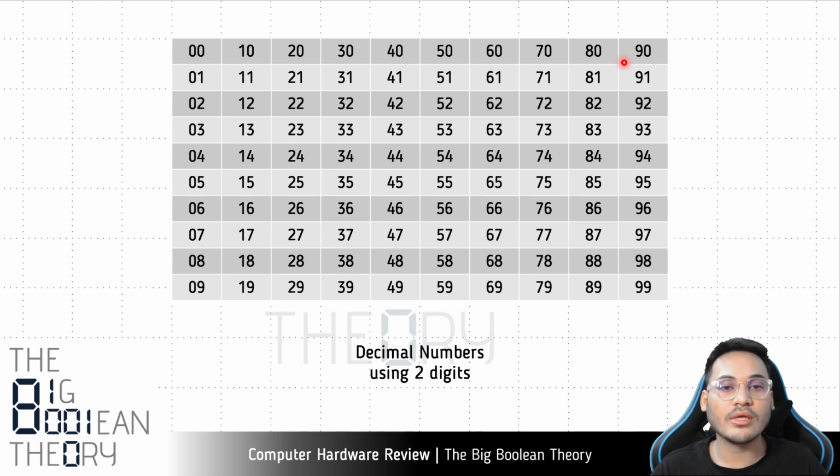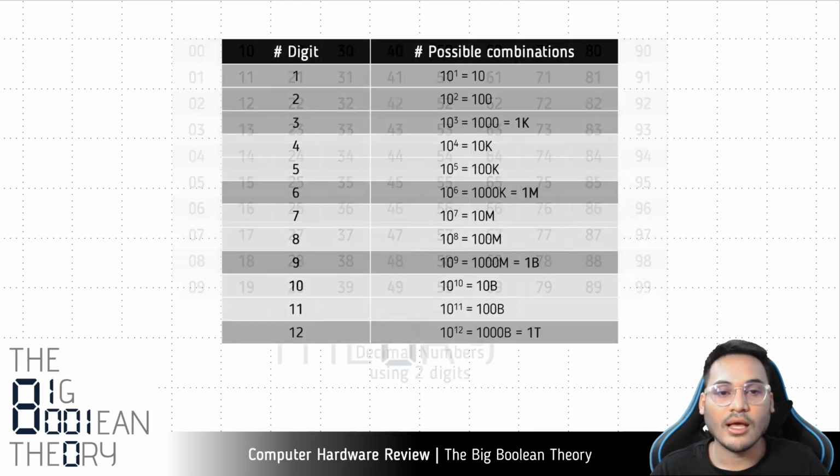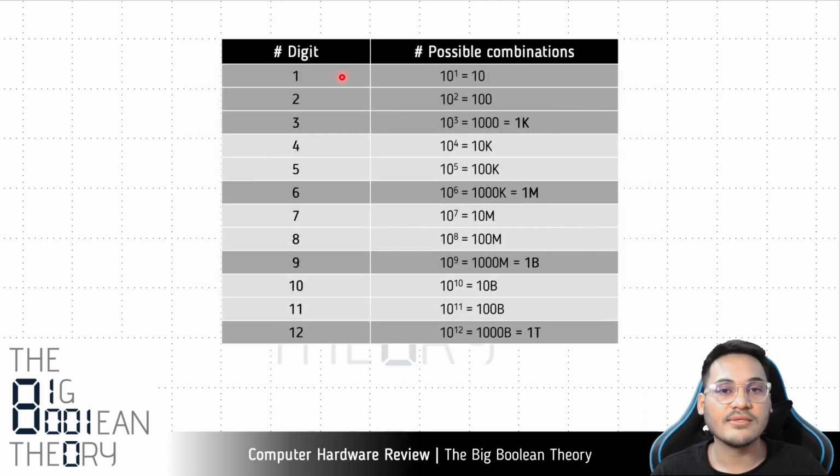So this is how we can extend this idea to multiple digits, 3 digits, and so on. And this table basically summarizes what I'm trying to say. The first column is the number of digits that we can use, and the second column is the number of possible combinations of numbers that we can represent using these many digits. So for one digit there is 10 raised to 1, 10 possible combinations that we just saw.